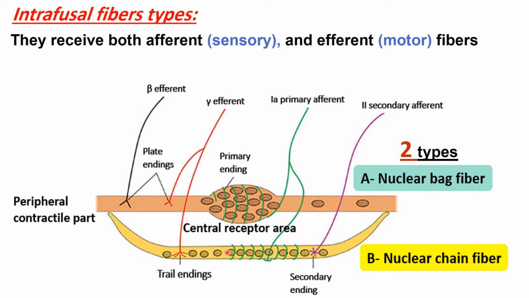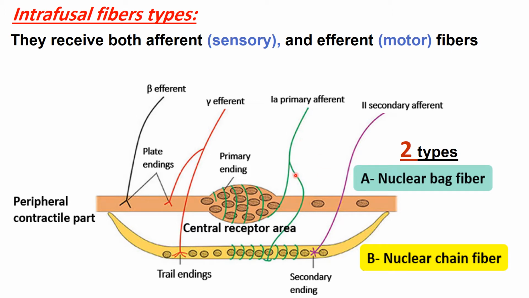The afferent fibers are either primary or secondary. The primary, the green fibers, are sensory afferent fibers, okay? The primary afferent fibers are called 1A, a type of nerve fiber called 1A, ending on the central part, which is the receptor part, to carry the sensation from it.